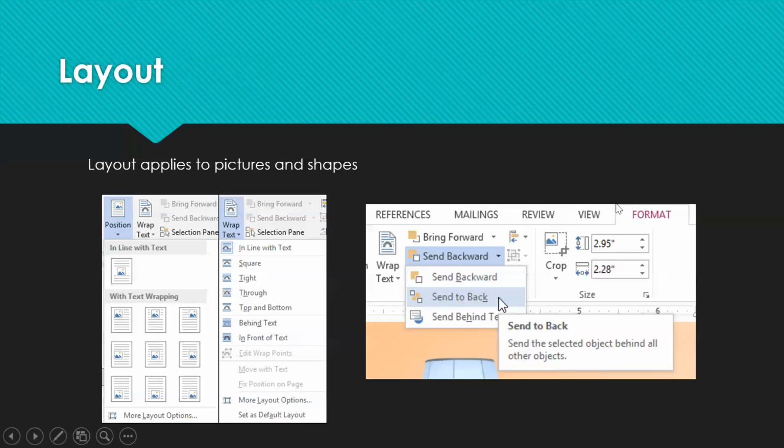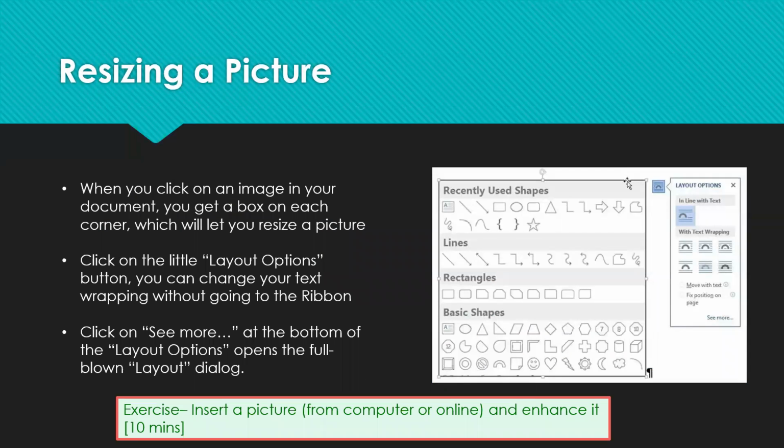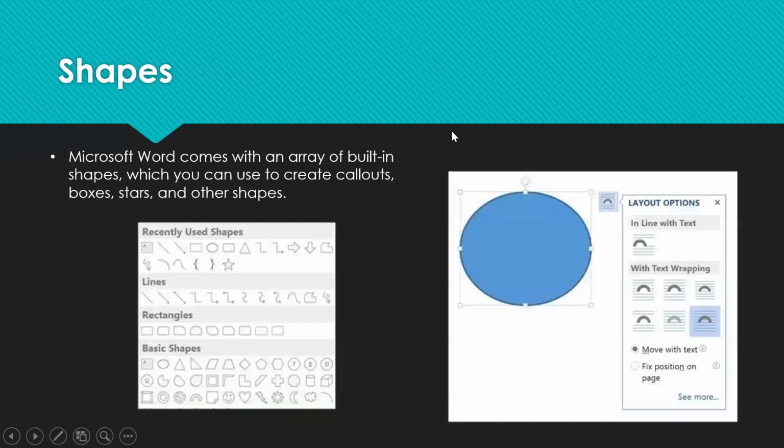Okay, so we saw how to resize a picture. So we saw how to add different shapes to the picture, right? And we saw how to add images like square, rectangle, and different other shapes.